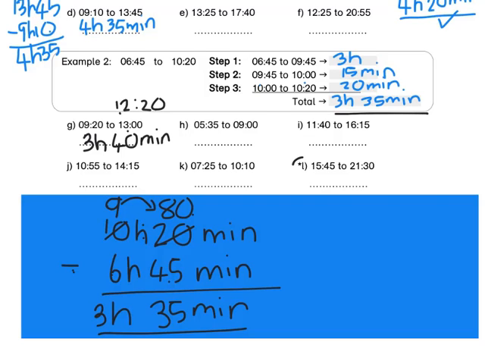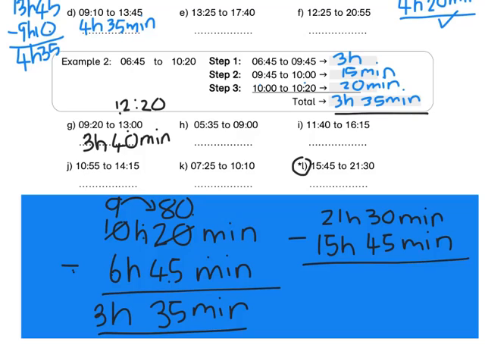Let's look at L now, but let's do this one using our subtraction method. So we've got 21 hours and 30 minutes, always the big time minus the small time. Now, if we start subtracting from our minutes, 30 minus 45 we can't do, so we have to borrow from our hours.